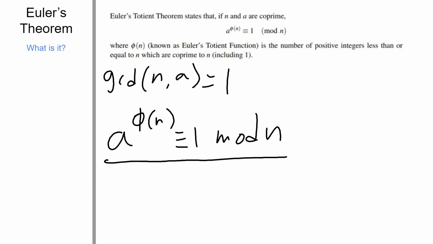Mod is the remainder when you divide by the number n. So when you take a raised to the power phi of n and divide it by the number n, you will get a remainder of 1.